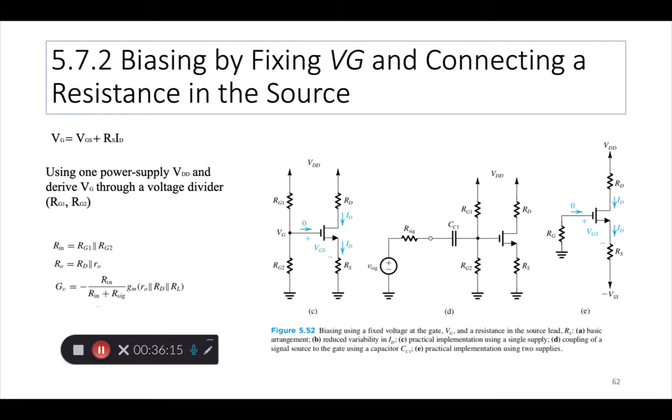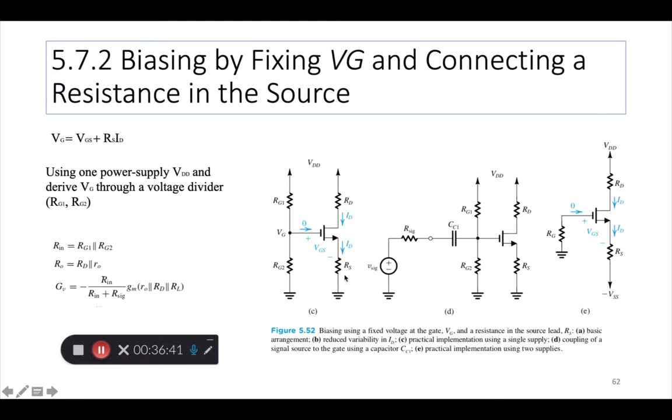So using one VDD and a voltage divider network, you can then get the necessary gate voltage, the bias voltage, off of that same battery source, power source. So this is exactly like the voltage divider biasing method we saw in case of the BJT.